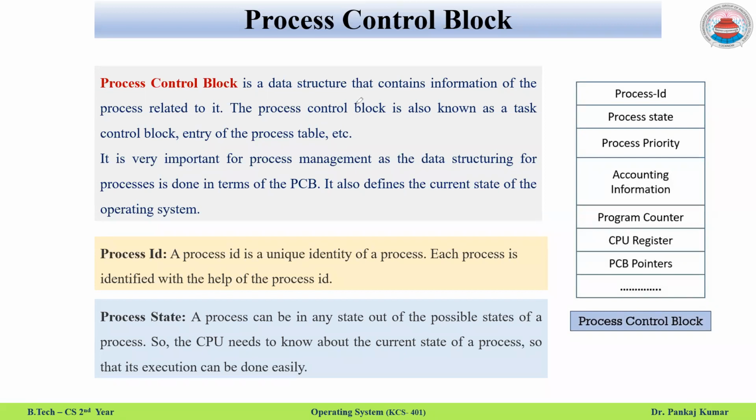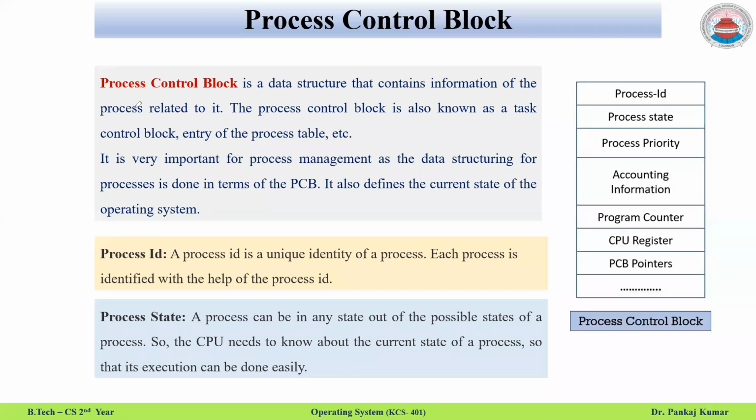So process control block is nothing but a data structure that contains information of the process related to it. The process control block is also known as a task control block, or entry of the process table.